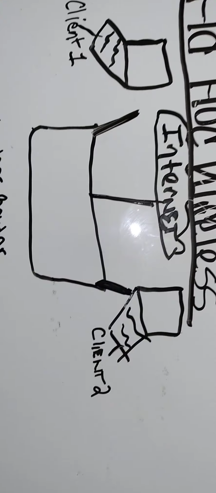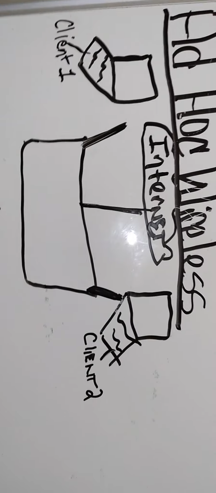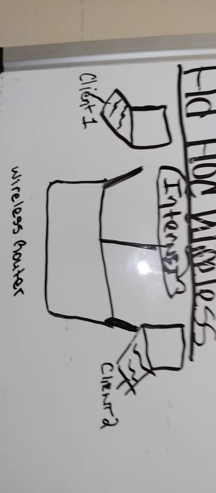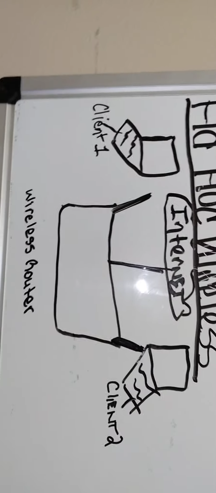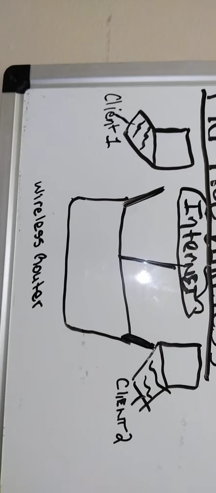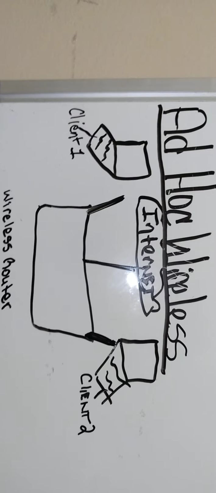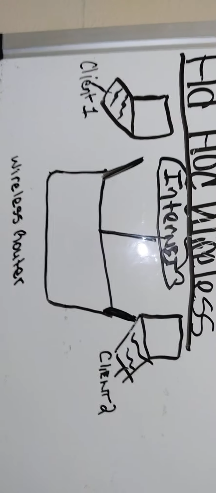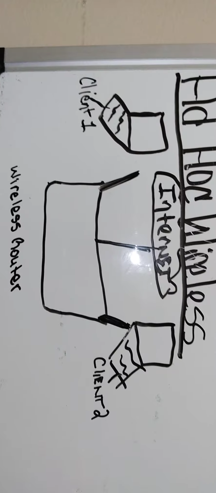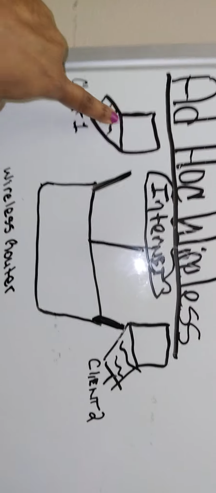What we're going to do today, as we're starting off these videos, is just cover the basics. So we're just going to discuss some basics of wireless technology. The most basic is when you have one device talking to another.